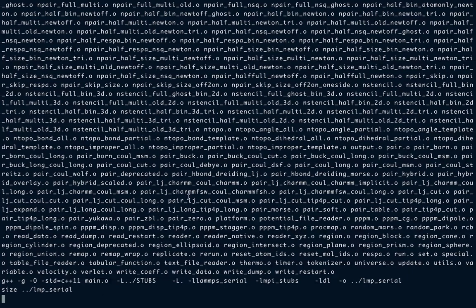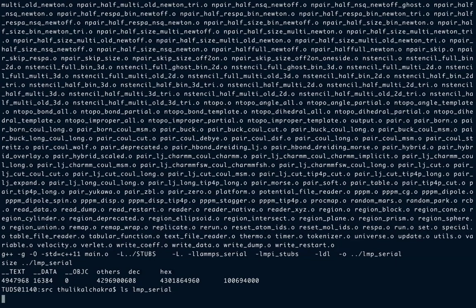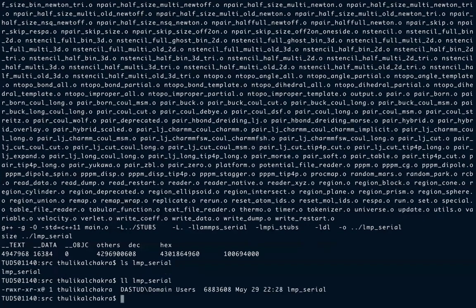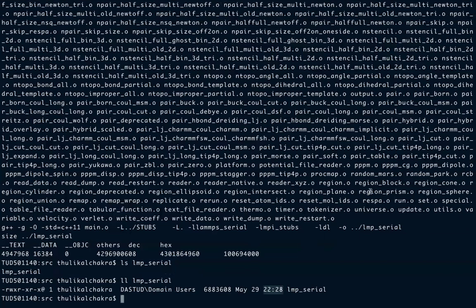And finally, I have an executable called LMP serial. You can also see the timestamp on this file to verify that it is in fact being generated at time 10:28 on May 29th. As you can see, it's 10:28 on May 29th.